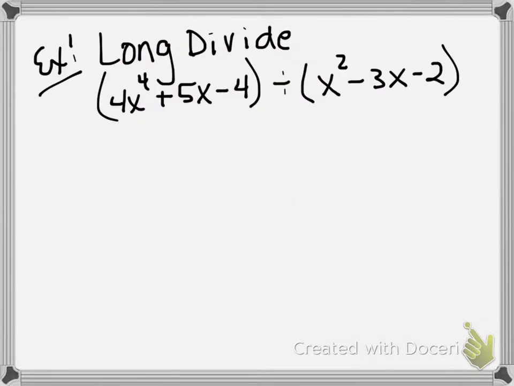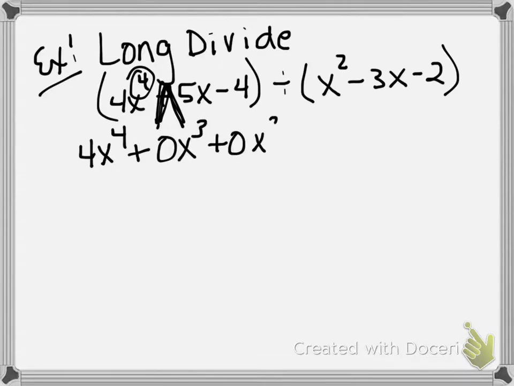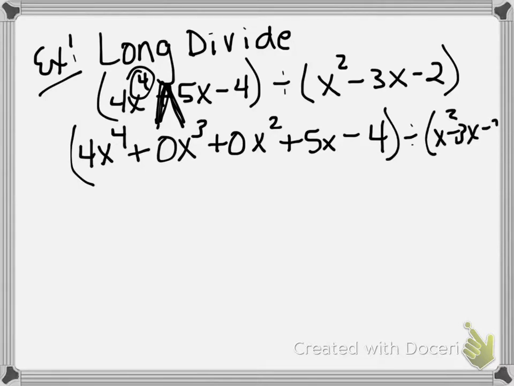Okay, so when you're doing long division, if you're missing a piece, like on this one I'm missing a couple pieces, I think, because I have 4x to the 4th and then it skips a bunch. So I would rewrite this as 4x to the 4th plus 0x cubed plus 0x squared plus 5x minus 4 divided by x squared minus 3x minus 2.